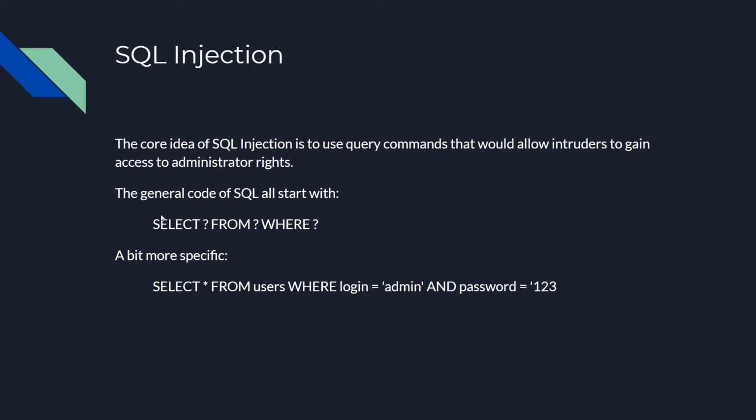That something represents a variable defined by the developers. A bit more specific code would be: select everything from users where login equals admin and password equals 123. That's just a specific example.